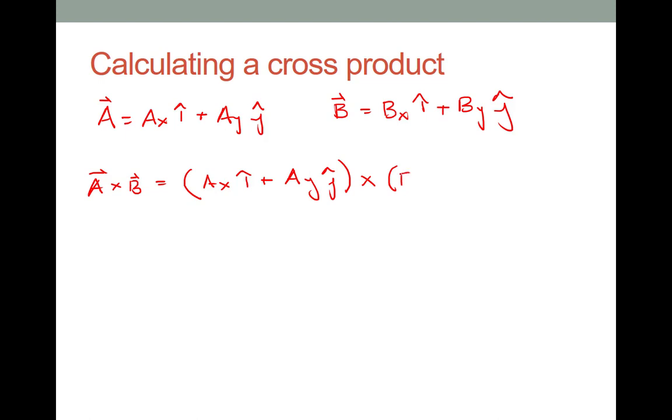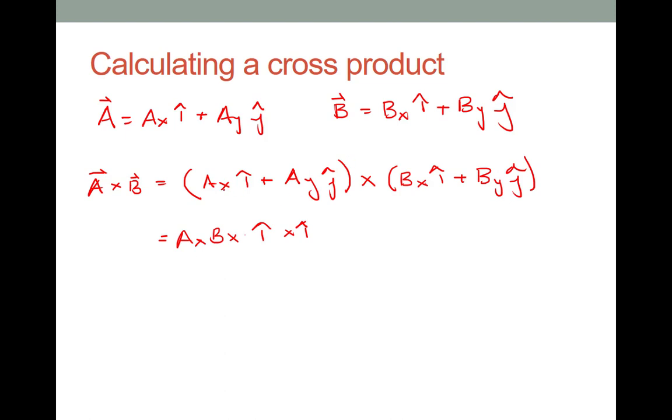So I can do this by foiling. My first term is ax bx with an i hat cross i hat.